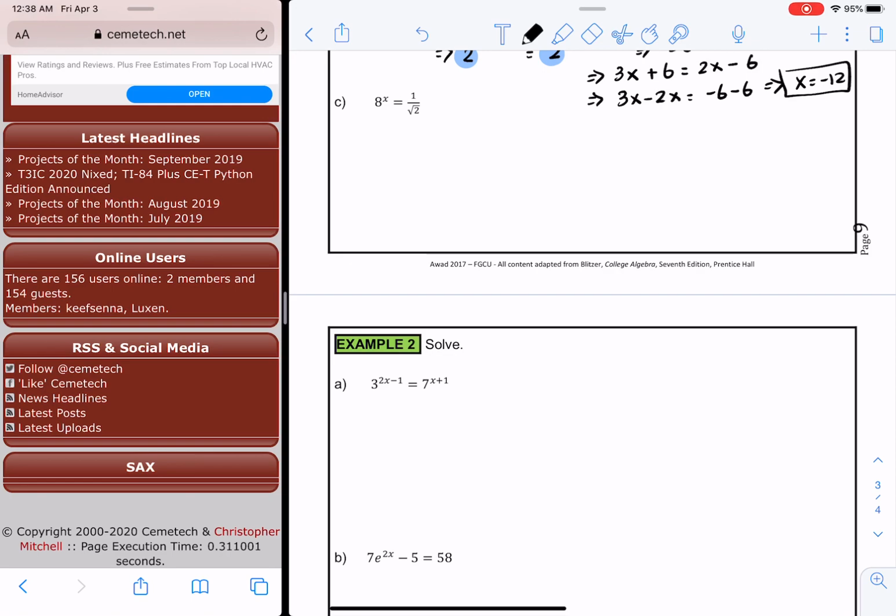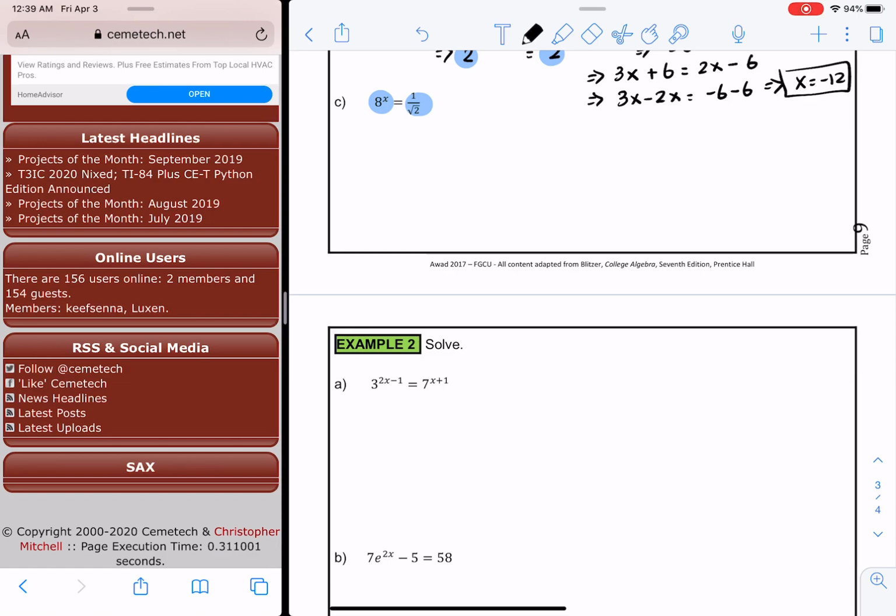Now here is an example in part C where no simplification is going to do a great deal for us, because we have a base 8 exponential, and there we have 1 over square root of 2.